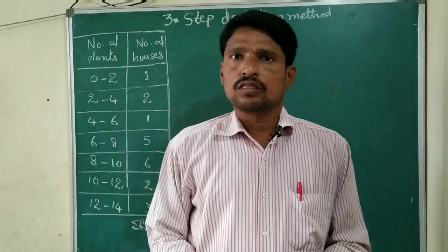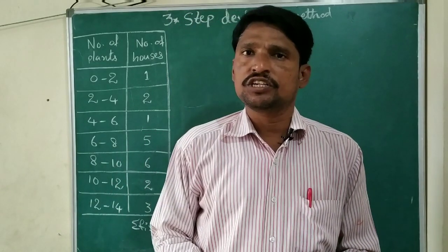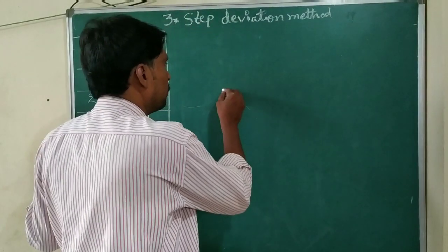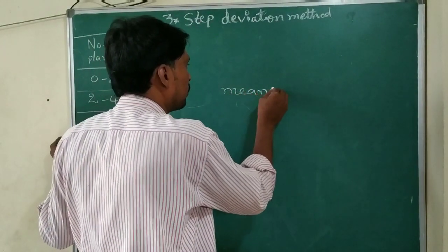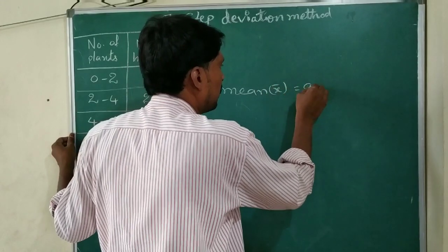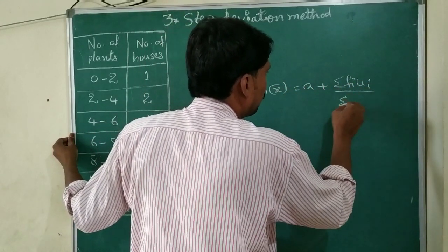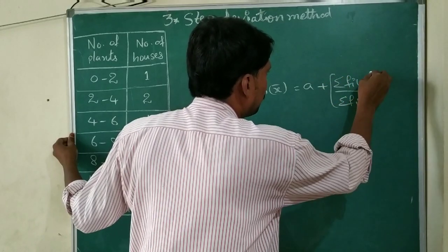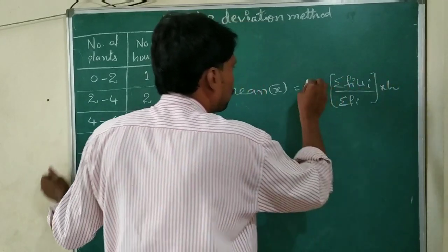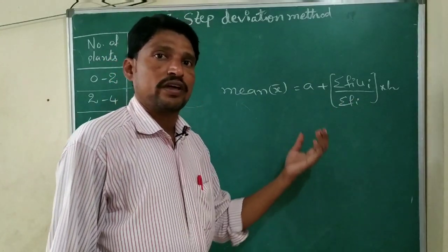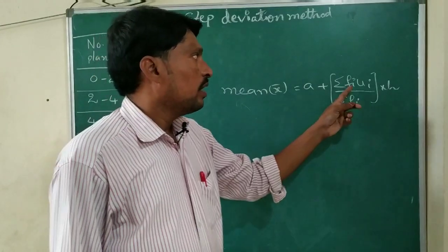Now the third method, the step deviation method. What is the formula? Mean x bar equals a plus sigma fi ui by sigma fi, into h. Here a means the assumed value, which we assume among the class marks.